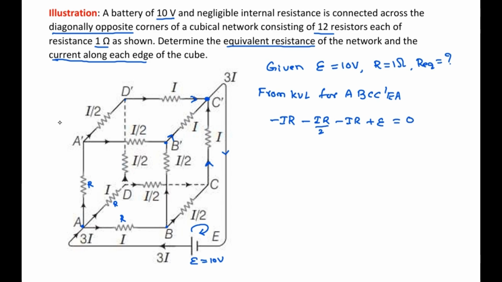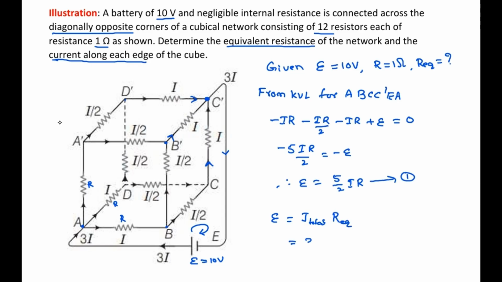From this we can write minus 5 IR by 2 is equal to minus E. Therefore, E is equal to 5 by 2 times IR. We can take it as equation number 1. But for the complete circuit, the E value is equal to I total, that is I equivalent, into R equivalent.